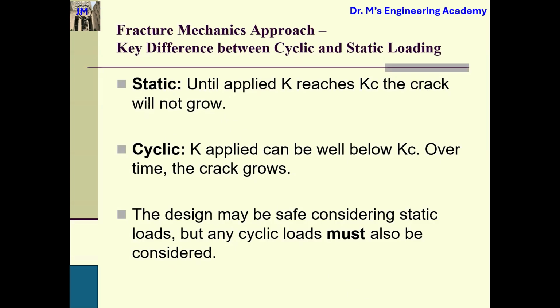So this is the material parameter. And it means that if you want to select a new KC, you need to select another material. So this is the actual K. This is the stress intensity factor.